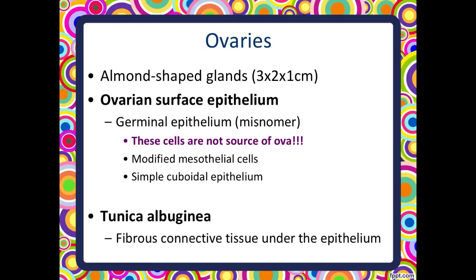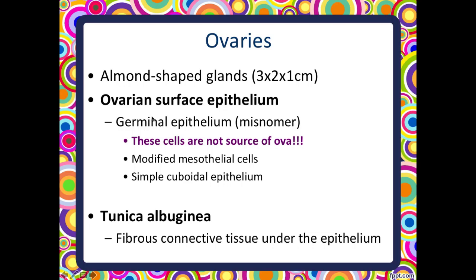So, what about the histology of the ovaries? At the surface of ovaries, we can find a one-layered epithelium, which used to be called the germinal epithelium, but it is a misnomer.